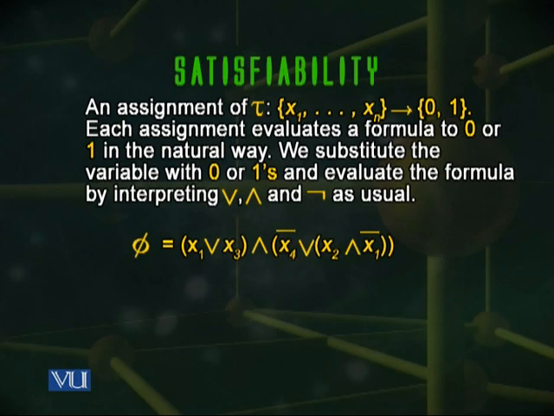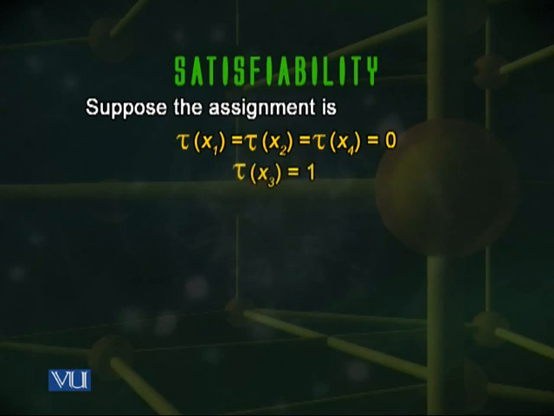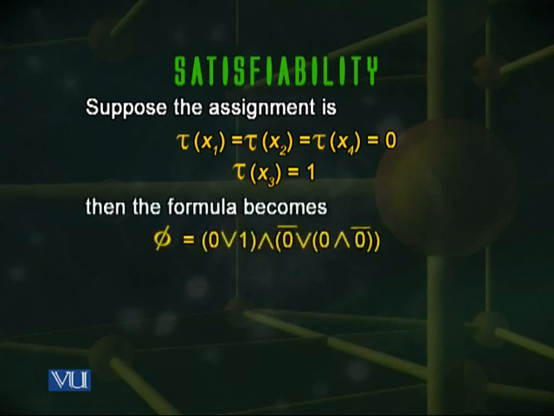So for example, if the Boolean formula given to you is phi, which I had written before, and suppose that the assignment tau assigns x1, x2, and x4 the value 0, which is taken to be the same as false, and the variable x3 the value 1, then when we plug in these values in the formula, we get a new formula which is 0 or 1 and negation of 0 or the and of 0 and negation of 0.